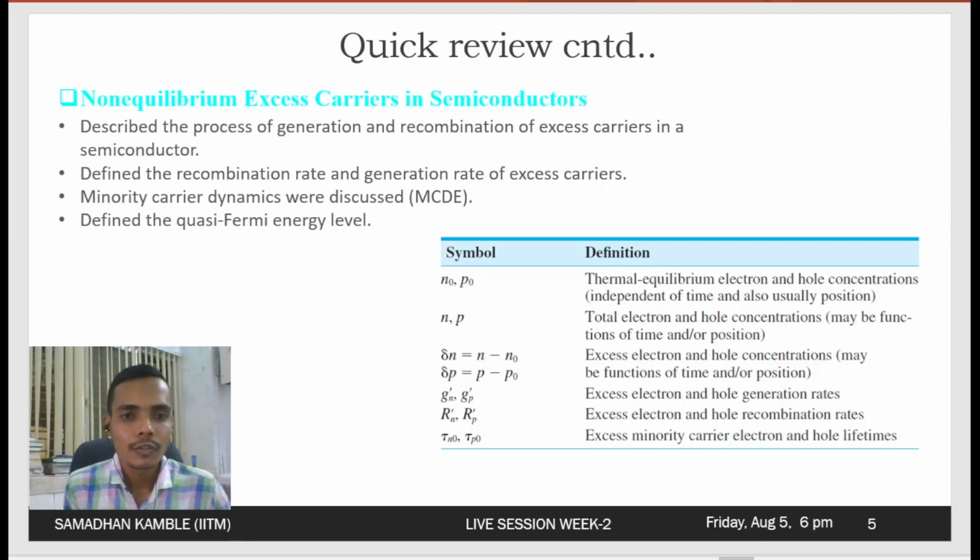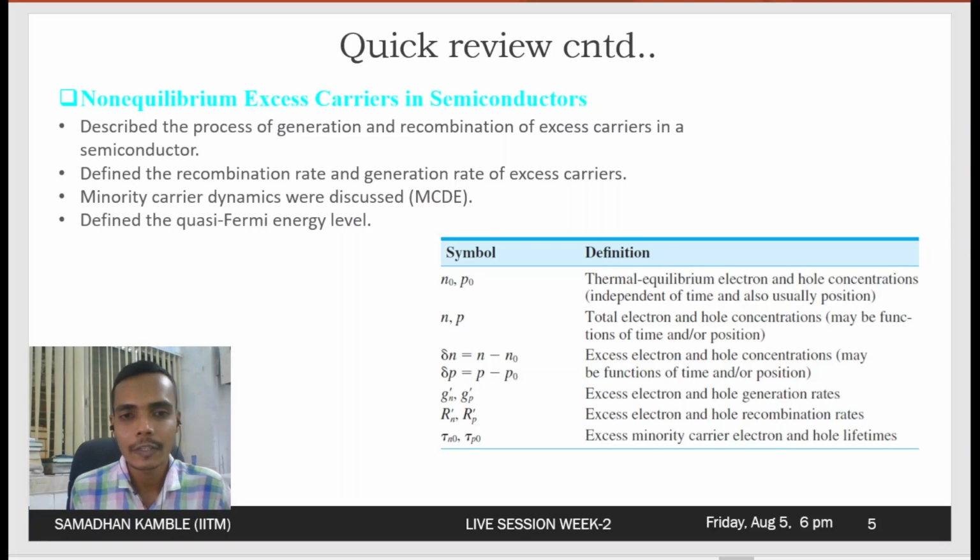Excess electrons in the conduction band and excess holes in the valence band may exist in addition to the thermal equilibrium concentrations if an external excitation is applied to the semiconductor. So we are considering an external stimulus, and at this point the professor discussed the behavior of non-equilibrium electron and hole concentrations as a function of time and space coordinates.